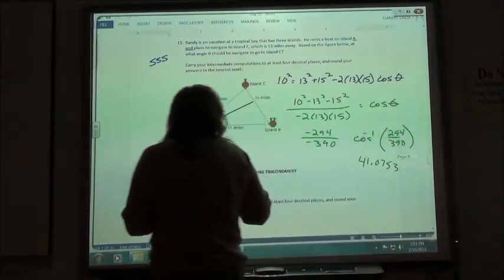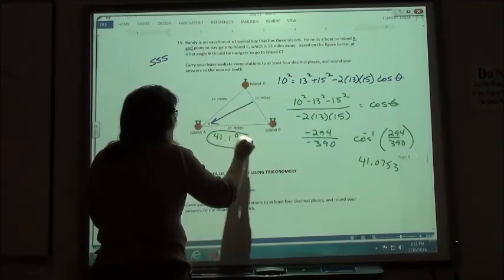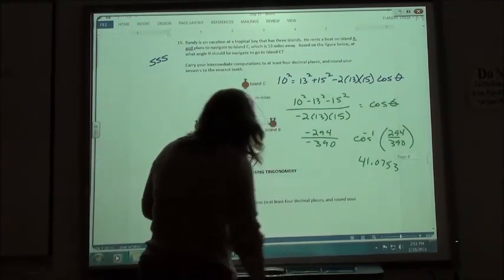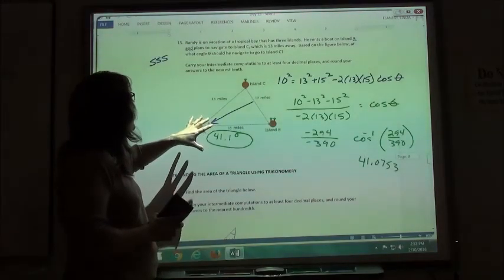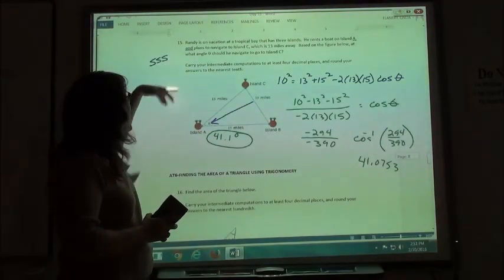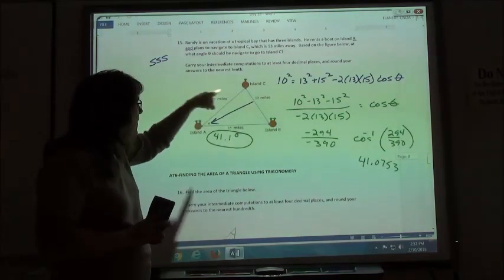So rounding that off, I would have 41.1 degrees for my measure for angle A. Alright, so law of cosines. Either when you have side, angle, side, or side, side, side, we can use the law of cosines to find our missing parts.